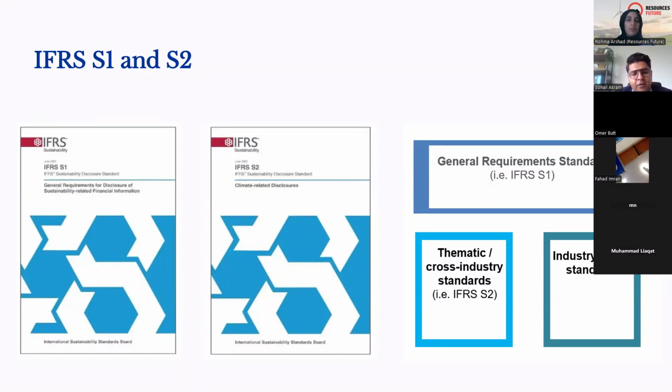So for now, we have two standards, IFRS S1 and IFRS S2. IFRS S1 is the general standard, which outlines the requirements for sustainability-related disclosures, and we will take a closer look at this standard in the upcoming slides.